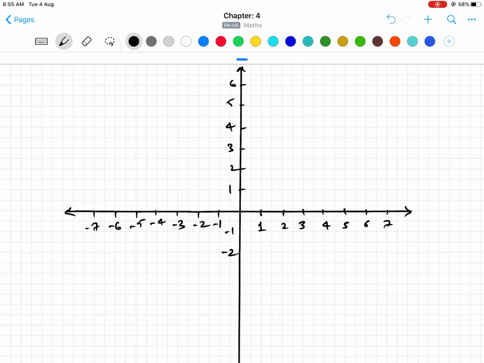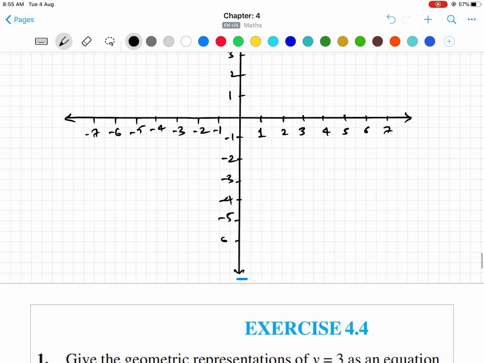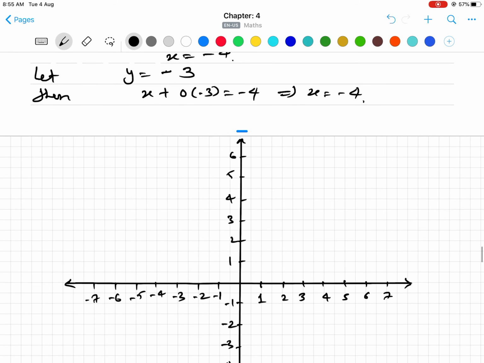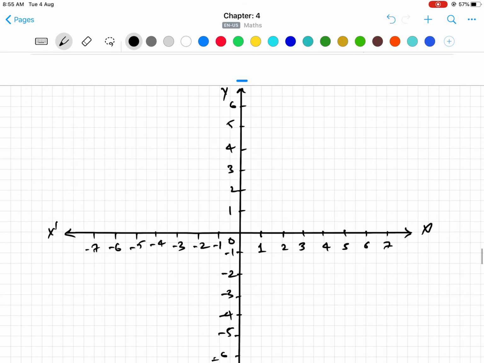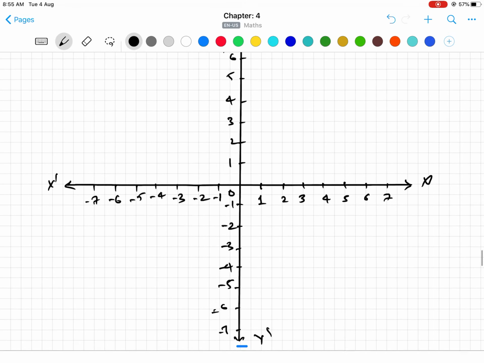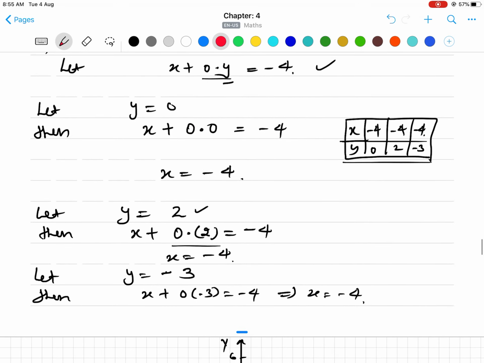Similarly on the downward side, minus 1, minus 2, minus 3, minus 4, minus 5, minus 6 and minus 7. This is y dash, this is y, here we have x and x dash here, and this is our origin. That's a Cartesian plane. So let's represent these points on the graph paper.